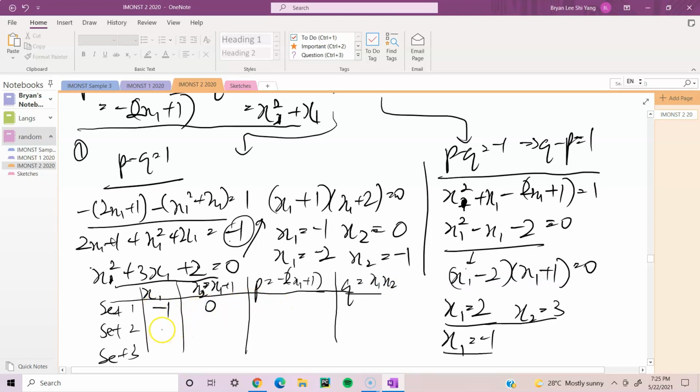In set 2, we would have x1 equals negative 2, x2 equals 1. For set 3, we would have x1 being 2, and x2 equals 3.